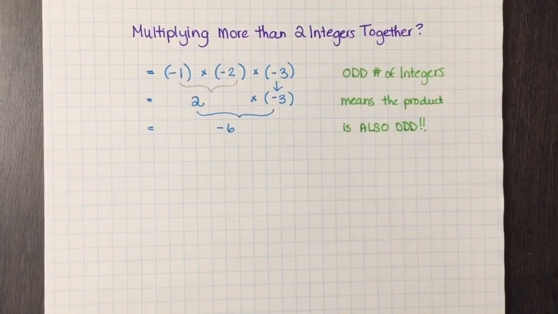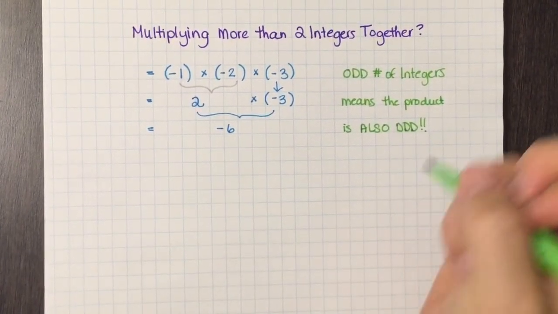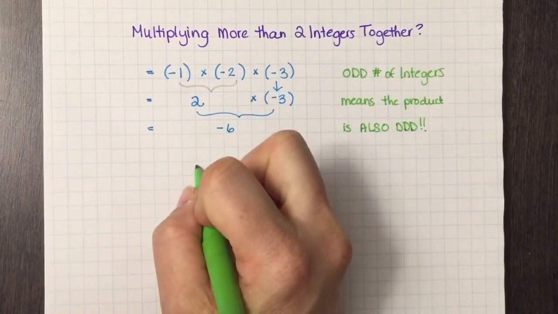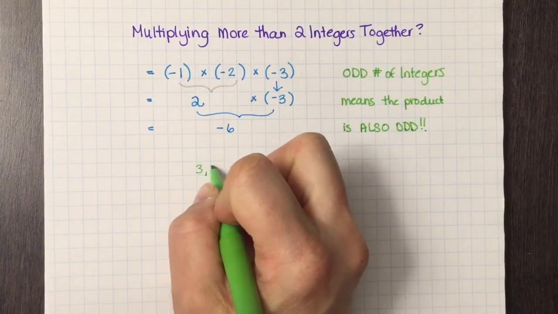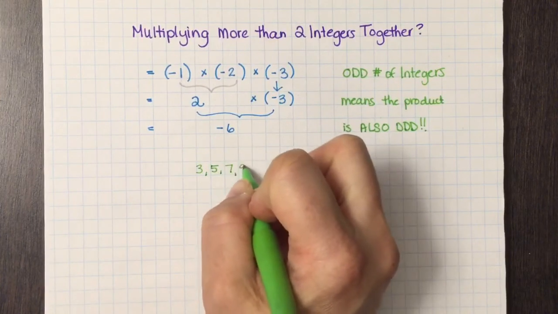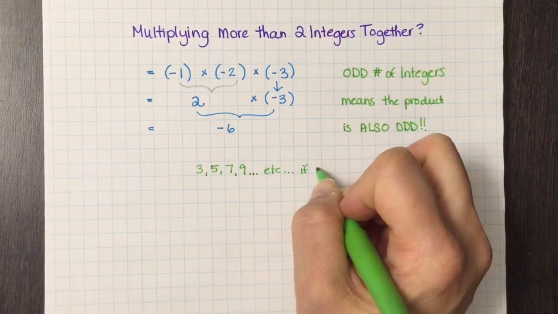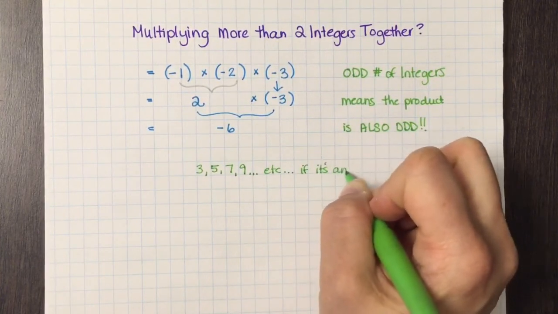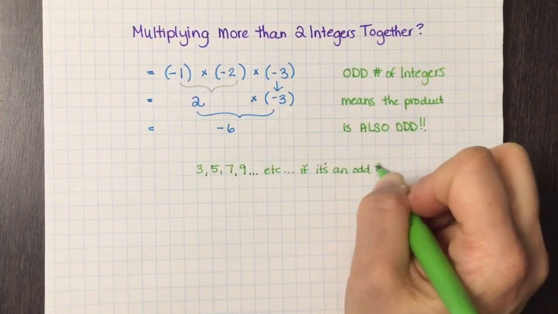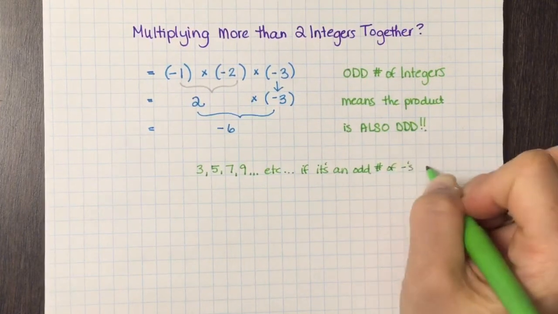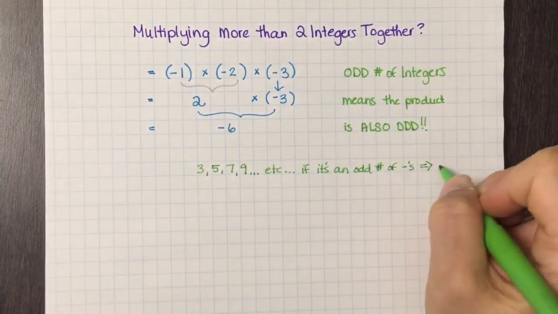Hey, check that out. So it doesn't matter if we have 3 integers or 5 integers or 7 or 9, etc. If it's an odd number of negatives, the answer is odd.